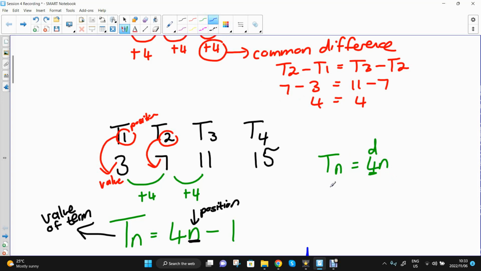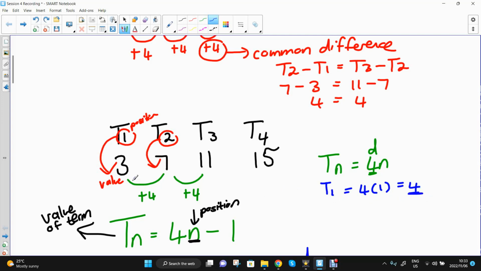You want to sub in your term position to see what your answer is. So if my first term, that means my n will be 1, then my first answer, if I sub 1 into n, is actually 4.